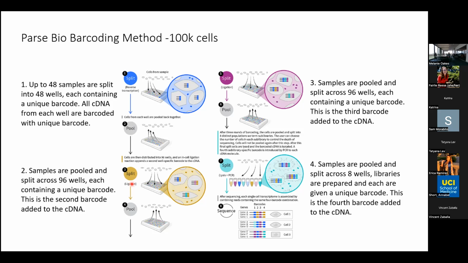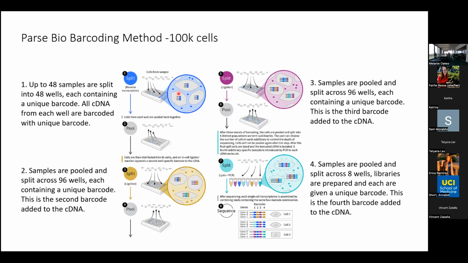So now, theoretically, your RNA is going to have one barcode from your first step, and then it's going to have a different barcode from your second step. And it's going to be kind of this multi-combinatorial event, okay? Then we're going to pool them all together, split them again, and ligate on another barcode.